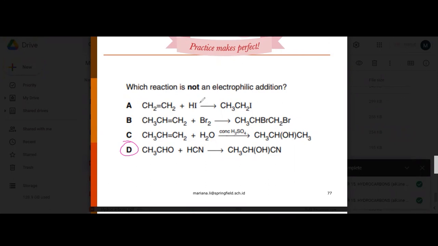You know that alkene can react with X2, such as Br2, H2O, concentrated H2SO4, which are electrophilic additions. But this one, CH3COH with HCN, is not electrophilic addition. You know that this is a nucleophile, not an electrophile. So this is nucleophilic addition.